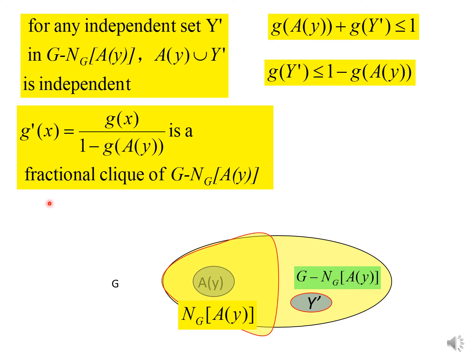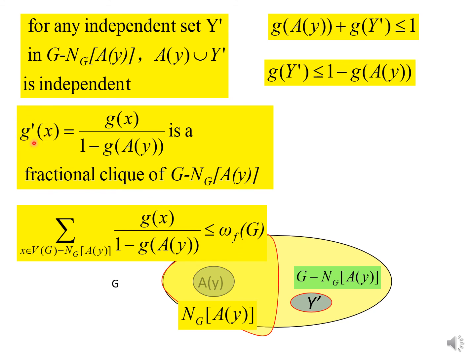It is this number divided by this number, so it's less or equal to 1. That means g' is a fractional clique of this graph. But this is a subgraph of G, so the fractional clique number of this graph is bounded by the fractional clique number of G. So the sum of the weights of this function among all the vertices here is bounded by the fractional clique number of G.